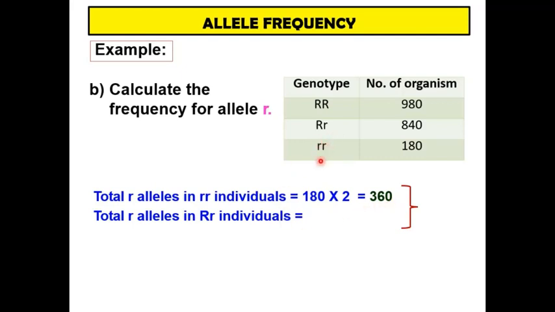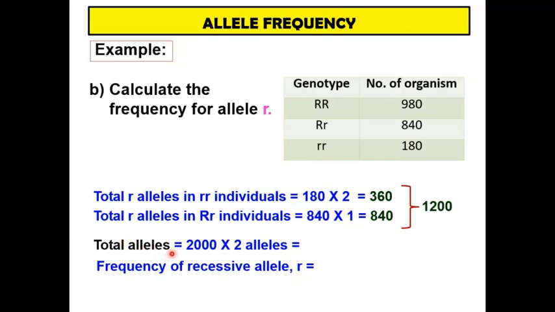For the heterozygous individuals, we have 840. There is no need to multiply by 2, because a heterozygous individual only has one recessive allele. So the total is 1,200.